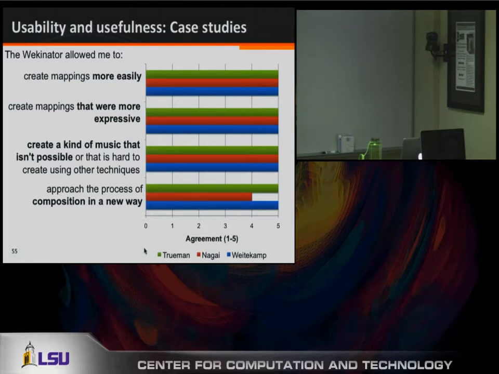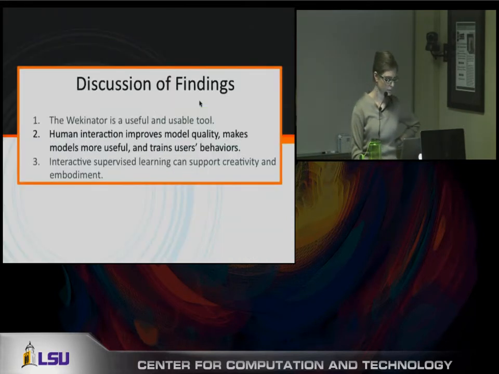So this was, I think, really key to the composers that I've been working with. So the bow, it has 8 sensors in it, and they're sending each of those 8 values every 20 milliseconds. So if you can imagine trying to sift through that much data yourself, that's why the Wekinator rocks.